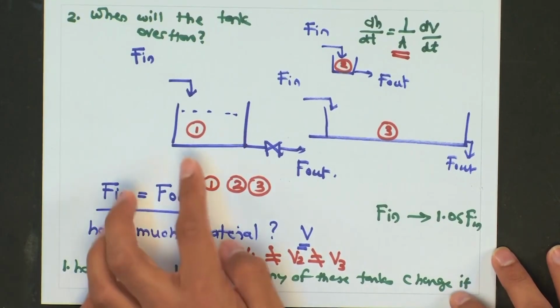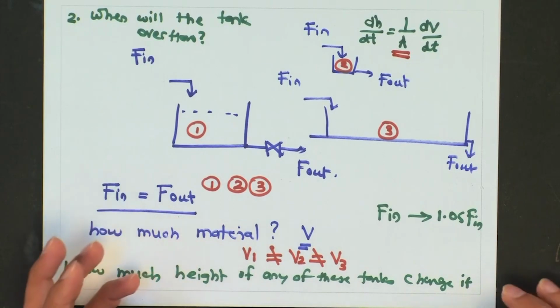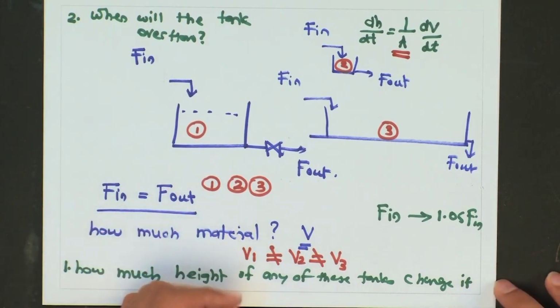So each of these tanks has its own dynamics. Even though these 3 systems have the same steady state relationship, all of them will move from one point to the other in a different fashion compared to each other. So all of them will have different dynamics.